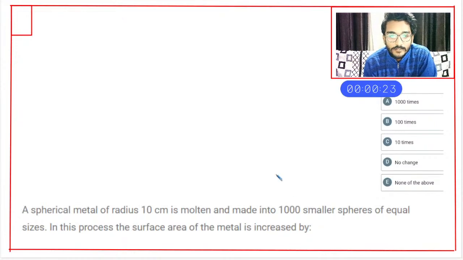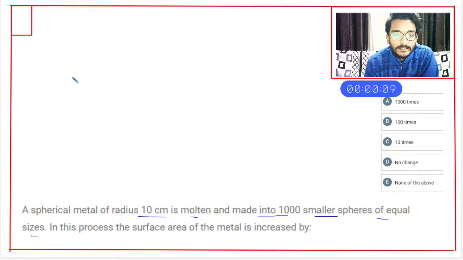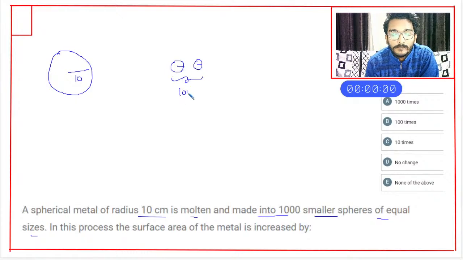All right, so let's start the question now. Saksham, you have done well. Just understand the slight mistake. A spherical metal of radius 10 centimeter is molten and made into 1,000 smaller pieces of equal radiuses. So there is a bigger sphere of radius 10 and there are small spheres of radius we do not know, but they are 1,000 in quantity.